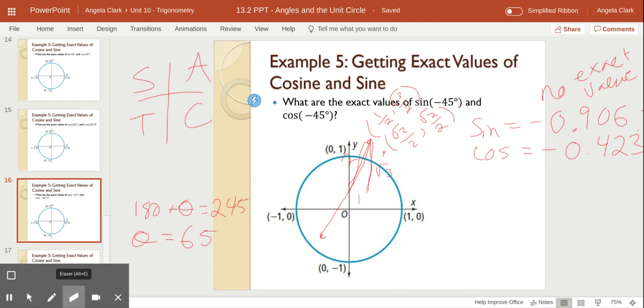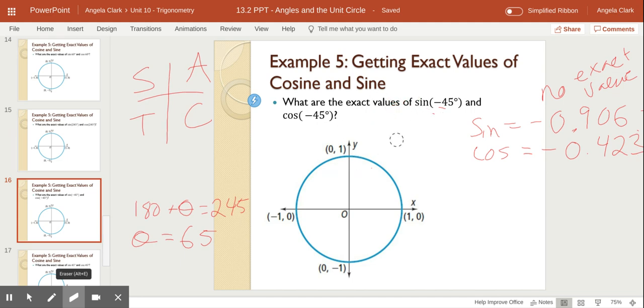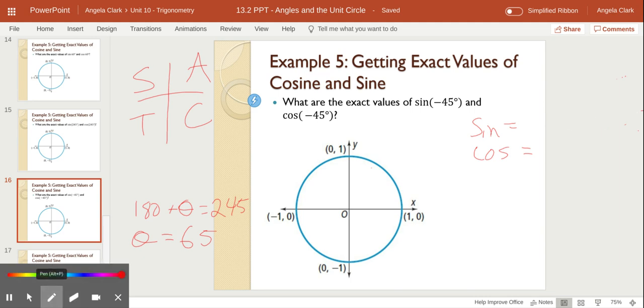This is shifted from the others, so I'm just going to erase it. All right, so for this one, we're finding negative 45 degrees. We've already found positive 45 degrees. We know what that was, but this time we're finding negative 45 degrees. So negative 45 degrees, we're going to come down, right?